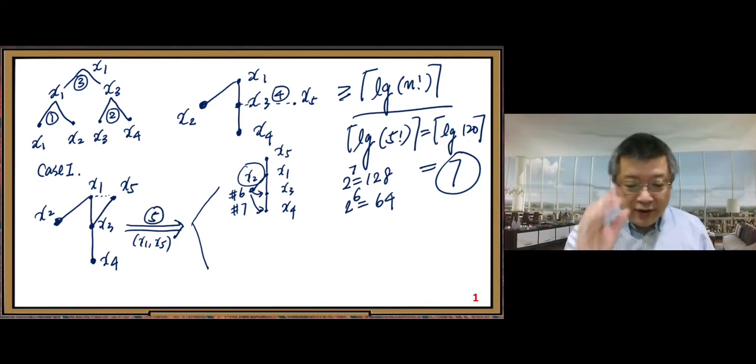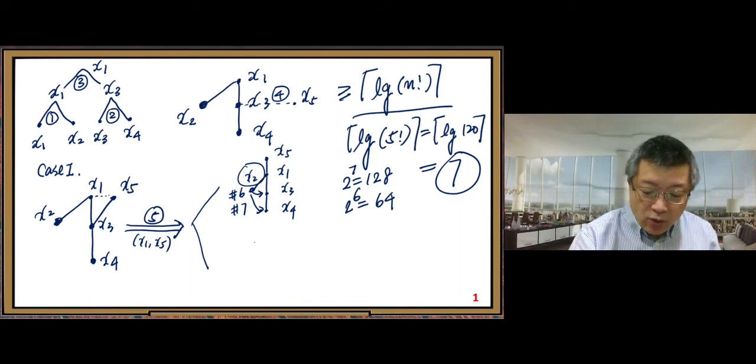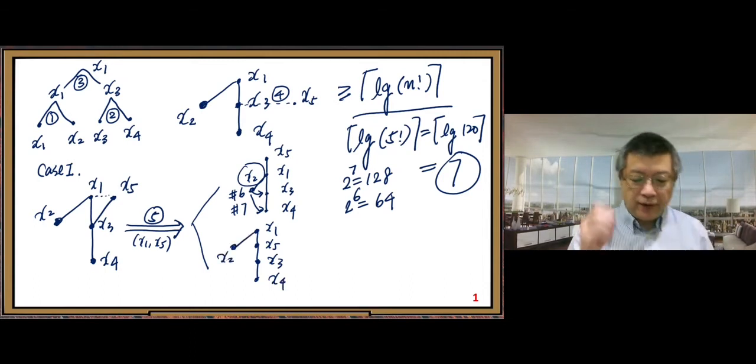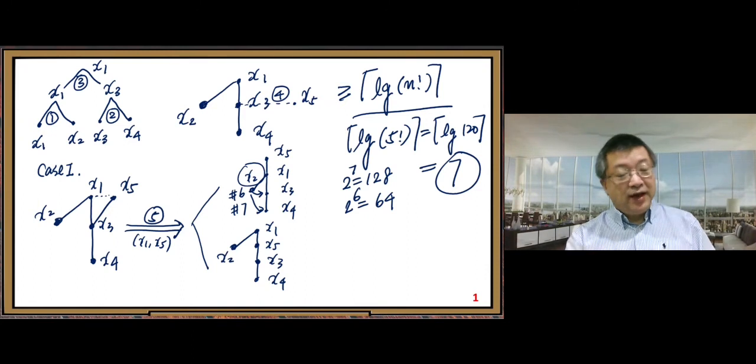Another case: X1 greater than X5. So X1, X5, X3, X4, and we have X2 here. In this case, two more comparisons.